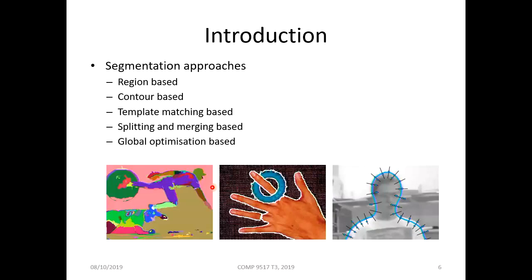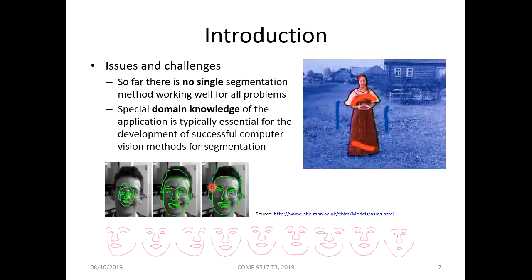It's kind of a detection problem, but you can also use it as an initialization for further segmentation. Splitting and merging approaches, well, I'm going to talk about that in more detail, and optimization-based methods. We're going to tell you in more detail about different types of techniques that fall into these different categories.